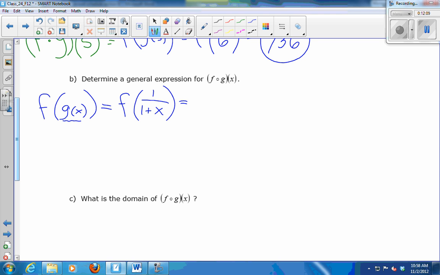Then f is the function that squares stuff, right? No matter what you drop into the function machine f, it squares it. So I'm going to take this input, 1 over 1 plus x, and square it. And we could just leave it like that. That's fine.